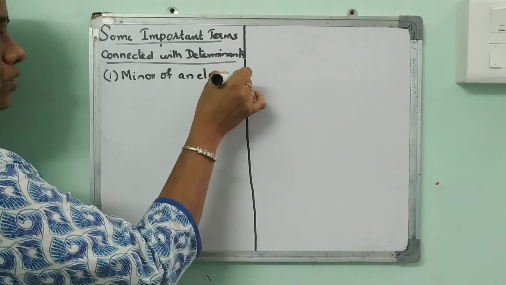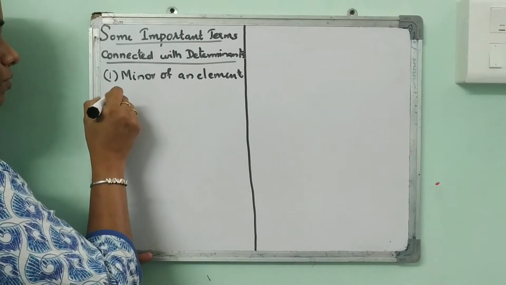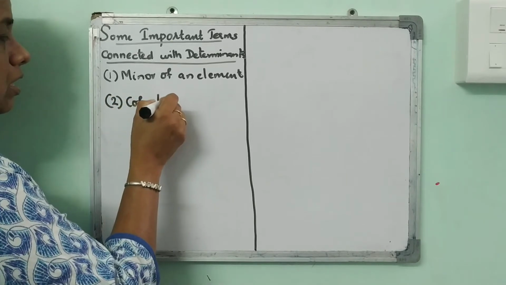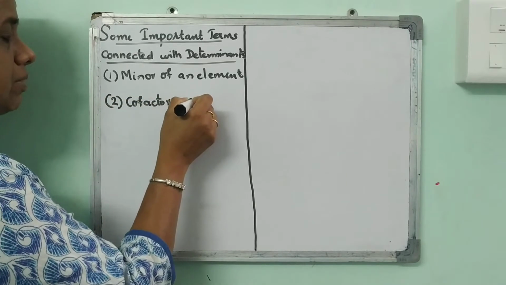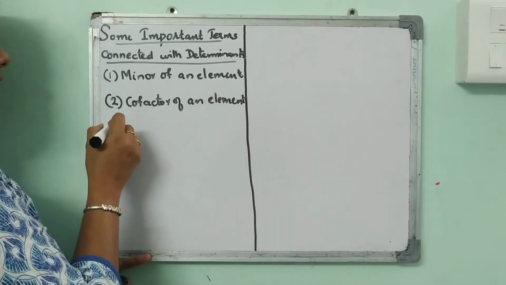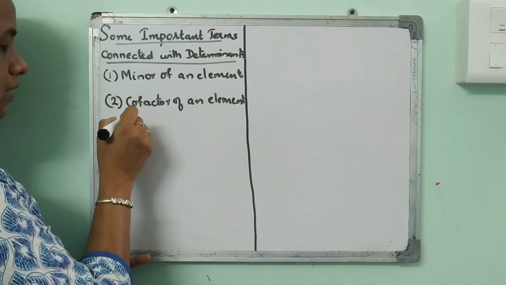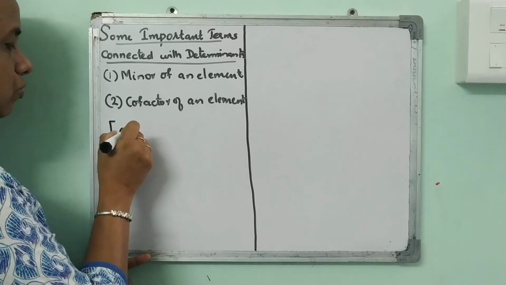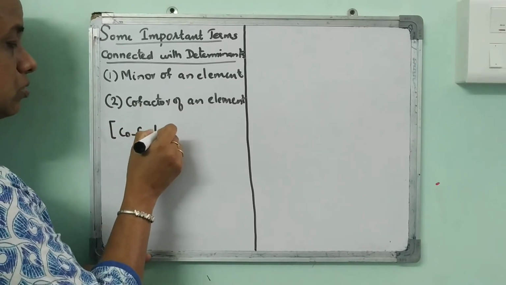All these are connected words, okay? Minor of an element. Then secondly, cofactor of an element. Along with that, I will be explaining about the cofactor matrix also.